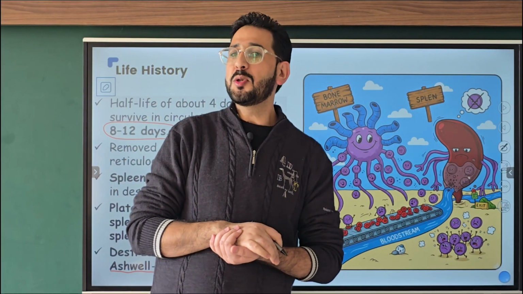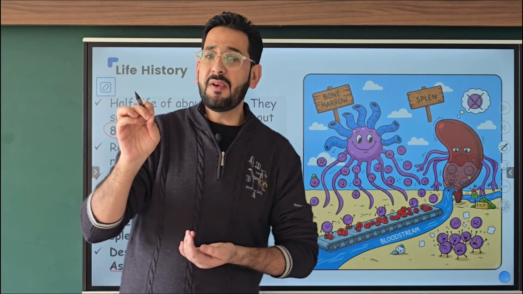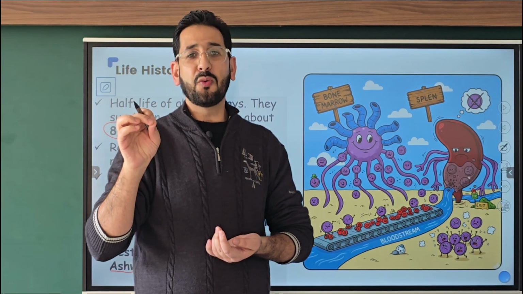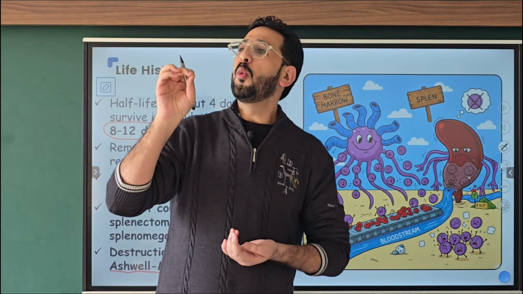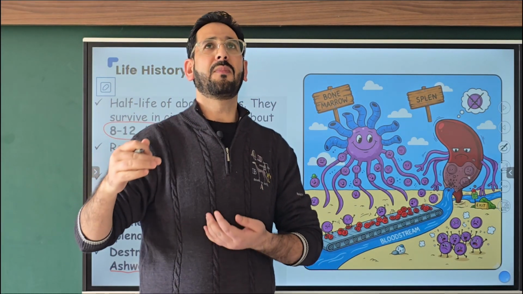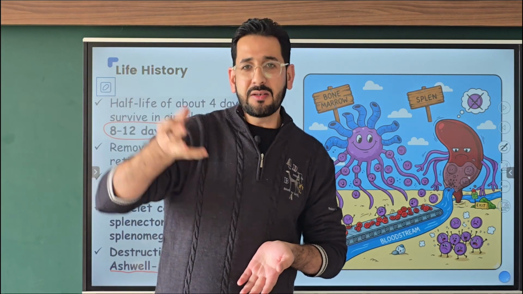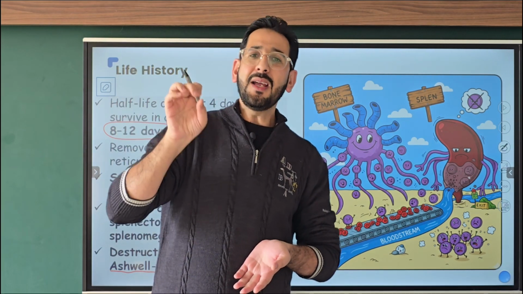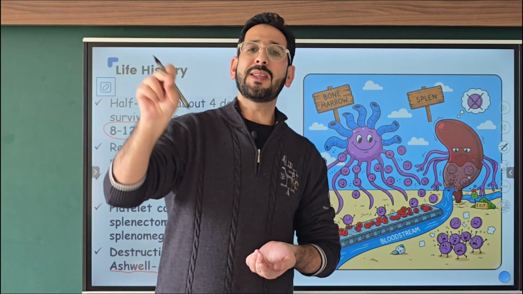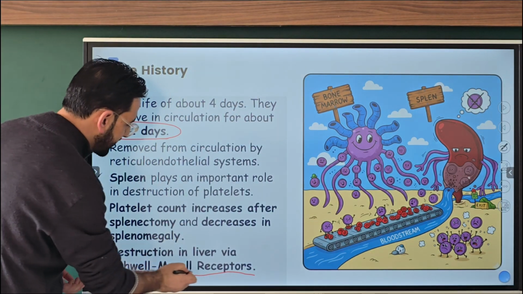When the sialic acid is not there, we cannot prevent the aggregation of platelets, so we need to destroy them. Once the sialic acid is not there, it exposes the galactose that is present under the sialic acid. There are receptors in the liver for that galactose, and those receptors are called Ashwell-Morel receptors.